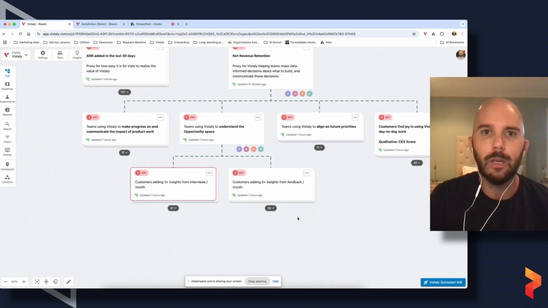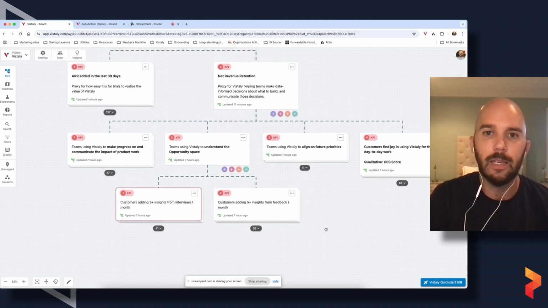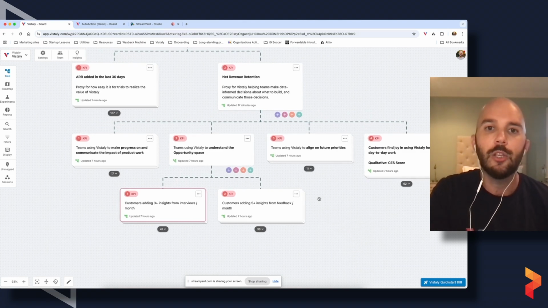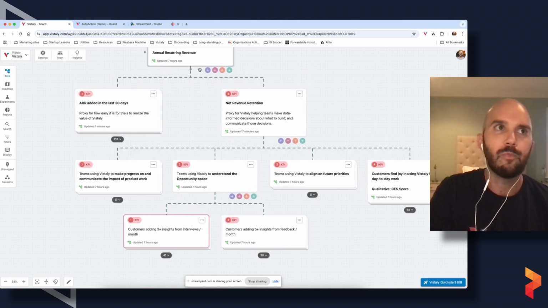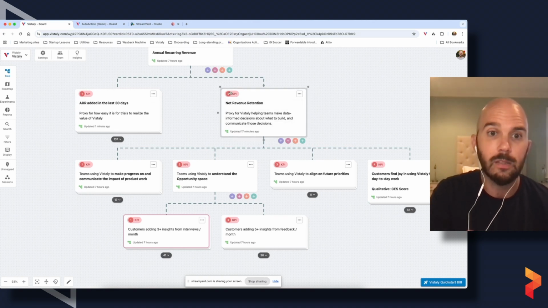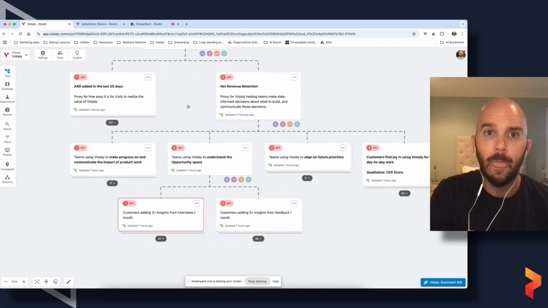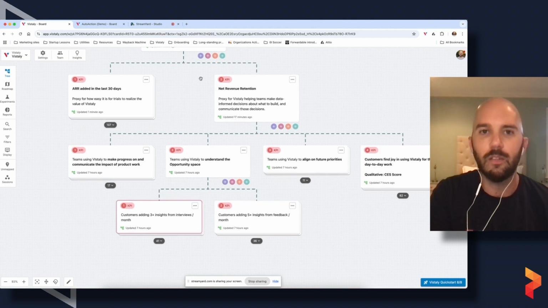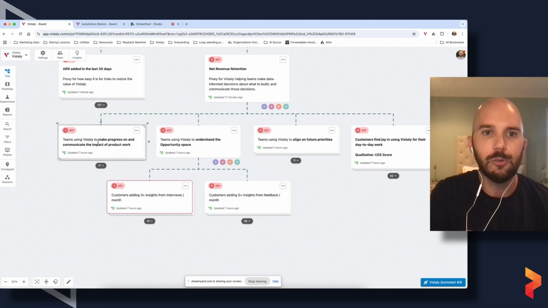One thing I want to call out is that often when you're creating a KPI tree like this, they tend to be more business focused. It's what's important to us as a company. And at some point you make this jump from what things are important to the company to what things are important to users or our customers that are the drivers of the things that are important to the company.